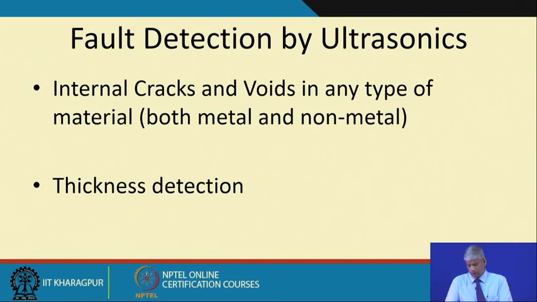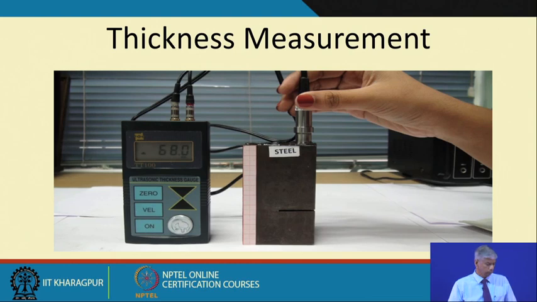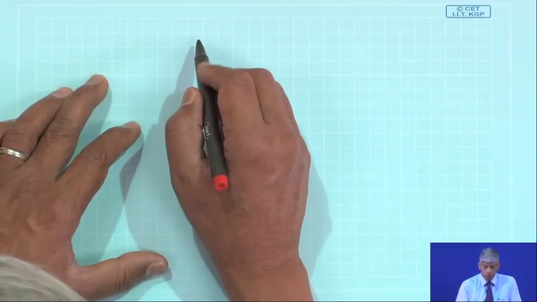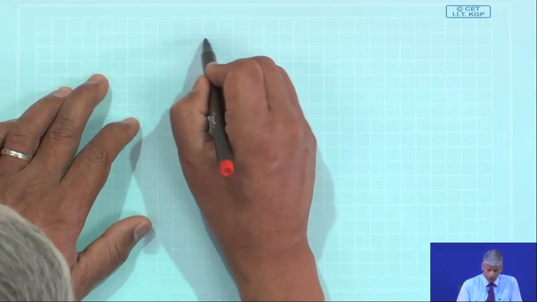Imagine on the outside, for example, this is a steel block, and we have artificially cut a slot here, and I am putting this longitudinal probe. By the way, this ultrasound is very similar to the ultrasound people do to find out the baby in the mother's womb.